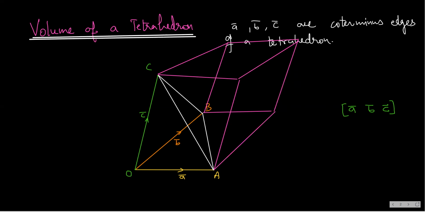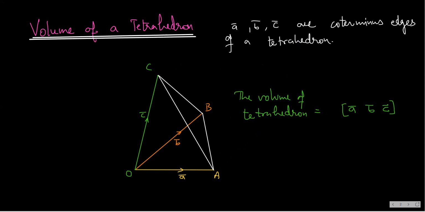But what I did, I multiplied 1 by 6. When I multiply 1 by 6, it will be the volume of the corresponding tetrahedron. Okay. I hope you all followed it. Please, you can copy this now.